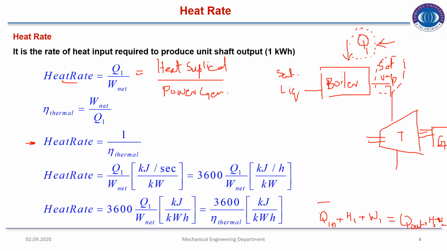Here Q in is the Q1 and W2 is the amount of work that we are extracting out. So this equation has a unit of kilowatts or kilojoules per second.